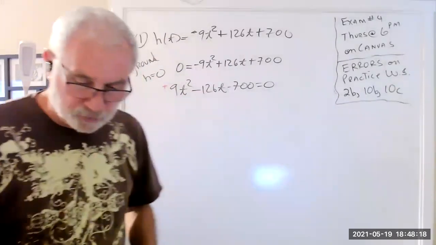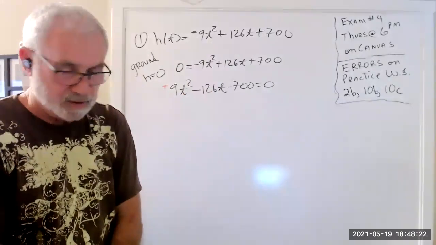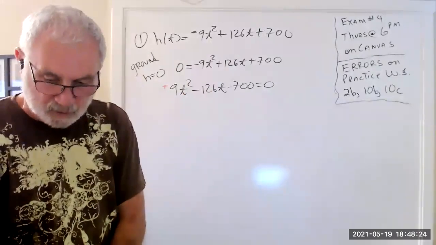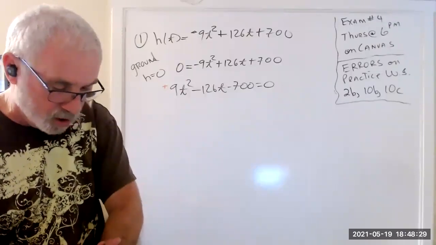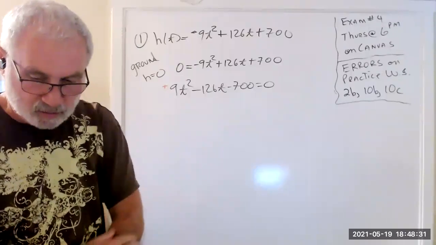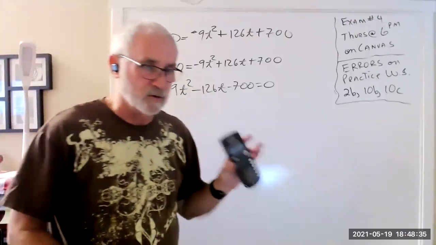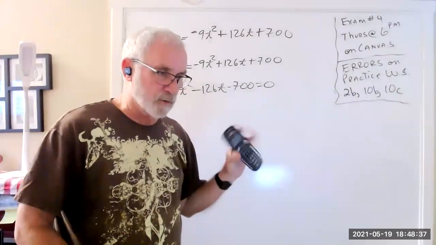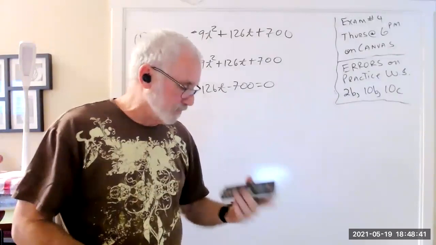That should be positive 126 as I use the quad formula. So my answers are right, my steps are wrong, because I basically cheated and used the quadratic formula solver on my calculator.